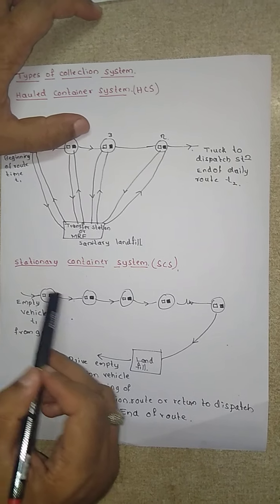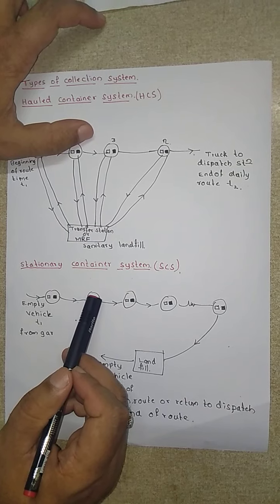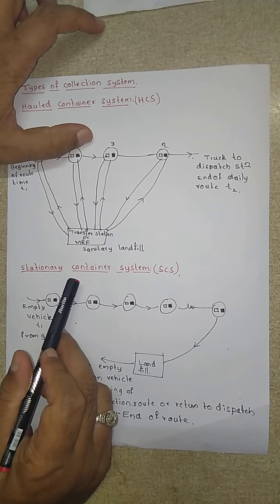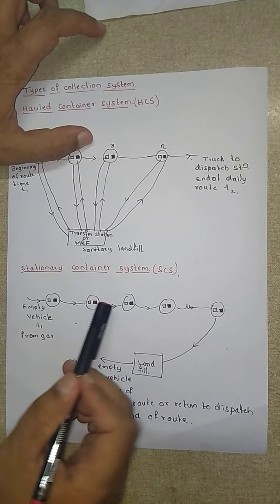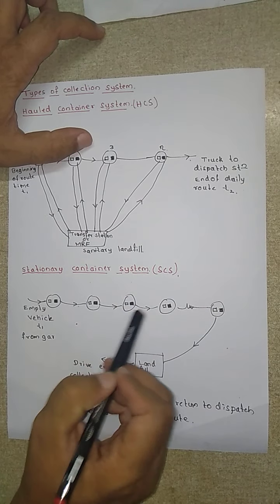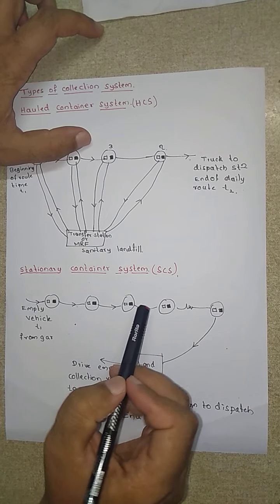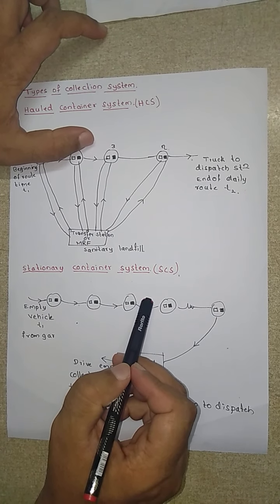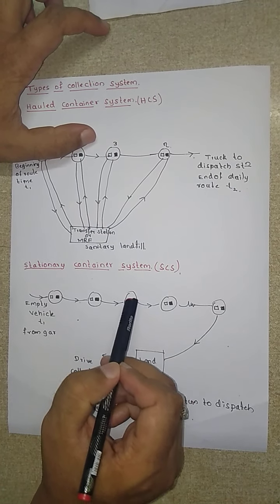Then the vehicle will move to the next place. Again one filled container will be there, it is emptied into the truck, and the empty container is placed again at its own place. Then at the third, next location also, we do the same thing. The filled container is dumped into the truck, and the empty container is placed.